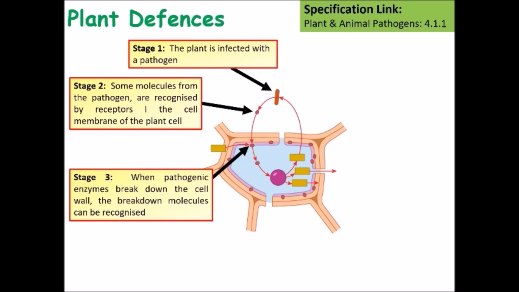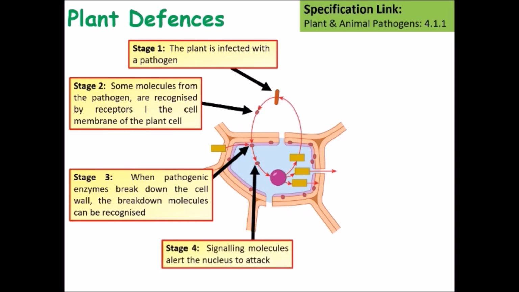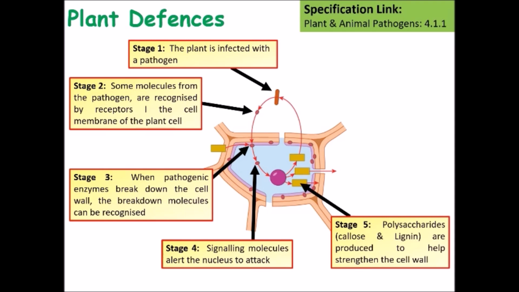This causes the activation of signaling molecules, which almost alert the nucleus that it needs to respond towards this infection. The nucleus can then cause the transcription of DNA into RNA, which then goes to ribosomes and is translated into polysaccharides such as callose or lignin, which are produced to help strengthen the cell wall.